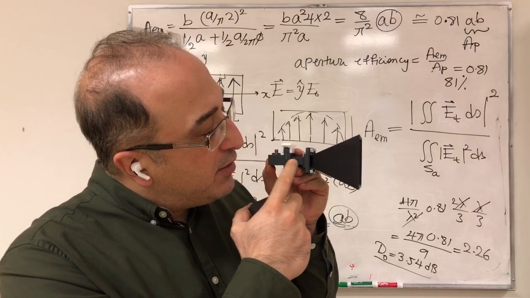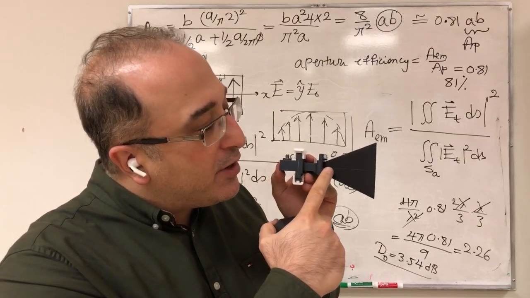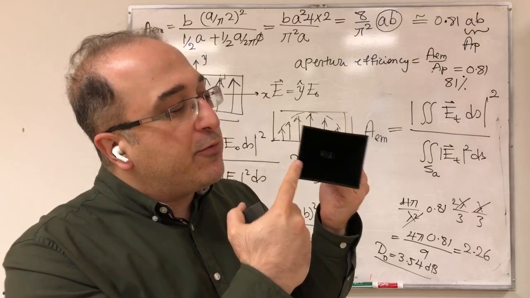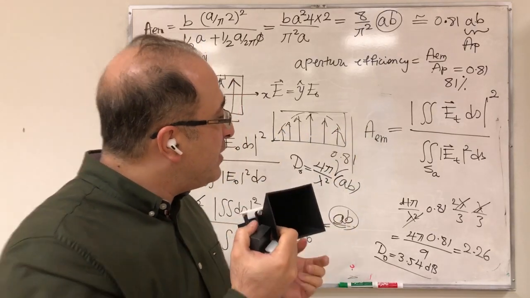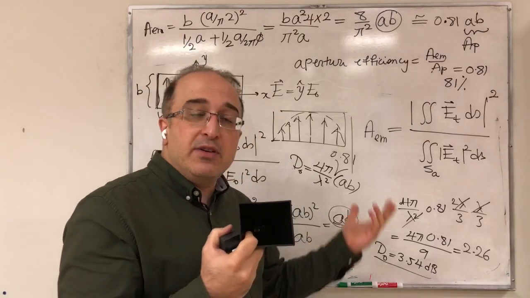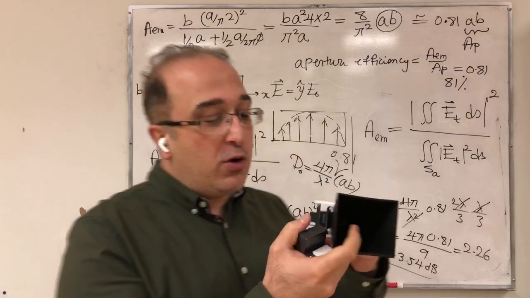So you get to the aperture of the waveguide, and then the aperture flares out and forms a bigger aperture. Now, if you form a bigger aperture, based on the equation that we saw earlier, we have a chance to get higher directivity.